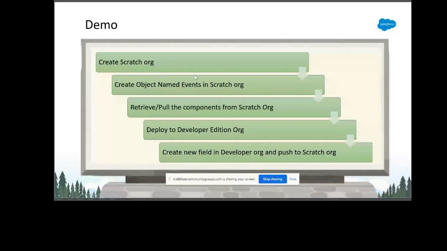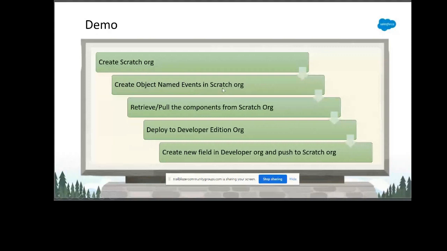I will show you the exact commands. Then we'll take an example. I will create a scratch org first from the production org, and after I create that scratch org, considering that I am a developer, I will create a new object named Events in the scratch org.